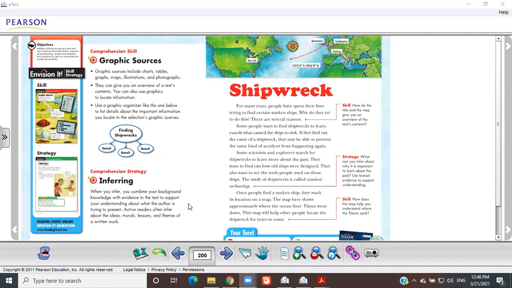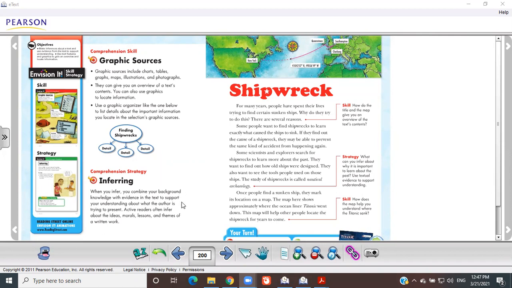So when you infer, you combine your background knowledge. For example, Ahmed Amjad, what do you know about ships? That they drive on water. Very good, that they are used on waters. And the evidence in the text suggests that the Titanic was the biggest ship ever.